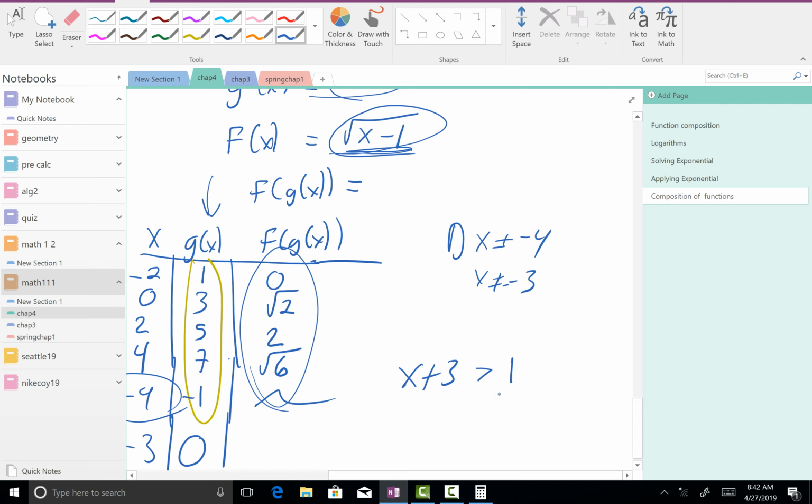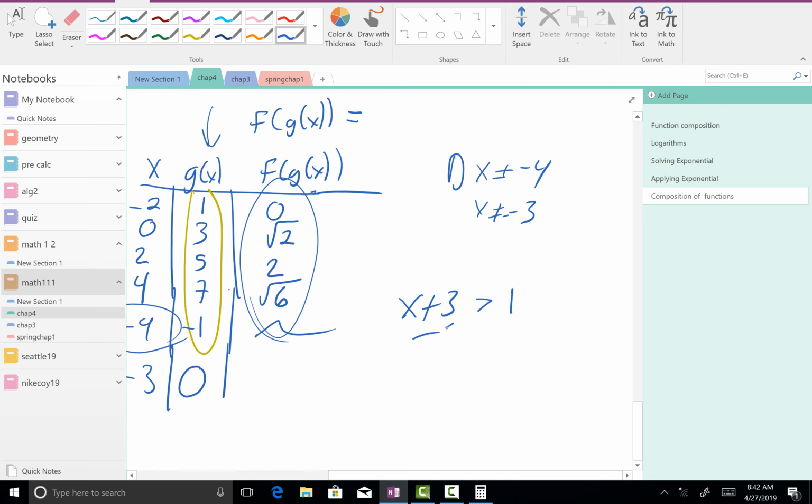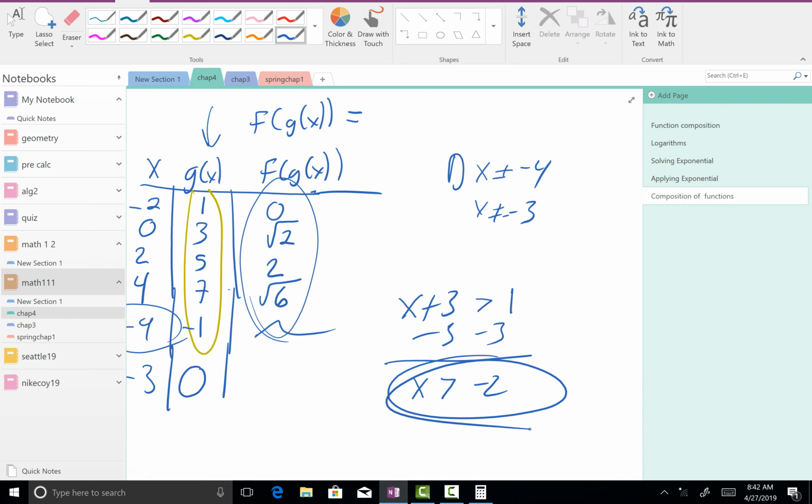Because if it isn't, then it's not going to work. And that's what we're getting. Okay? Because -2 worked out okay, but as soon as we got past -2, we had issues. So that's the whole idea behind this function composition with domains and ranges.